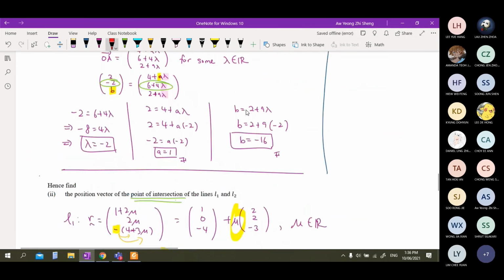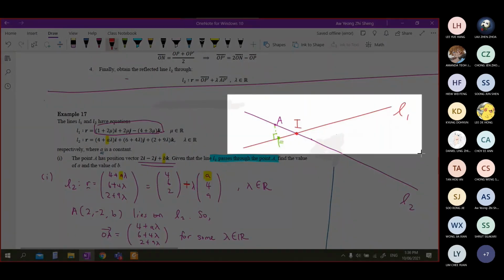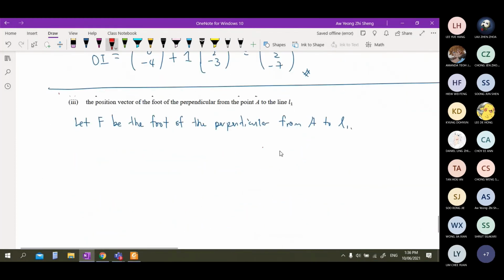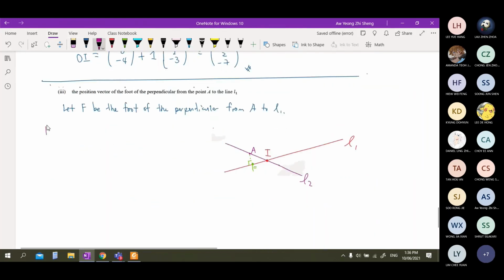Maybe I should just paste the diagram down here so that I don't have to keep scrolling up and down. Okay, here's your L2. The purple line is L2. Okay. F lies on L1, so OF will satisfy the equation of L1 for a particular value of mu.